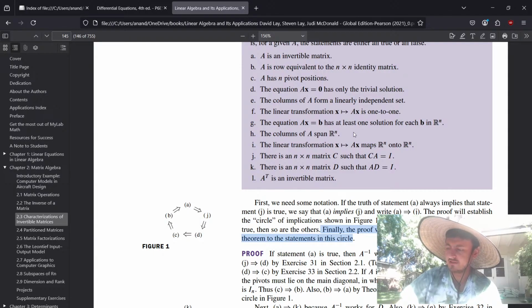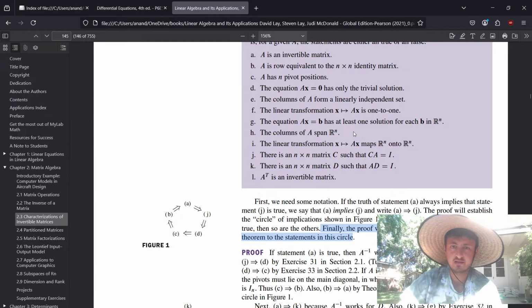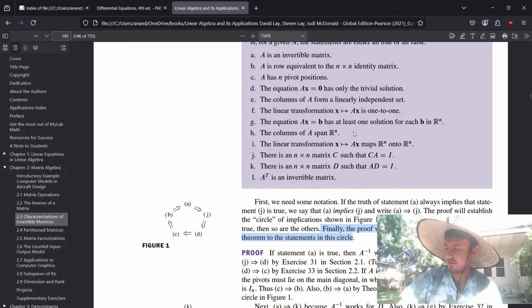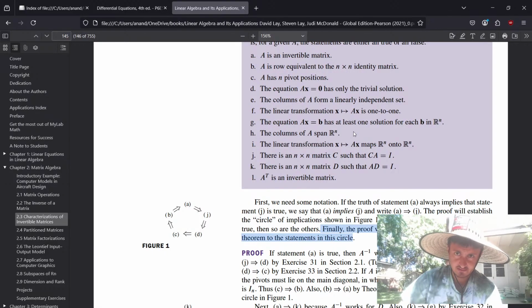And that directly implies C, A has n pivots, which implies B. So this is A, J, D, C, and B. And B is A is row equivalent to I.